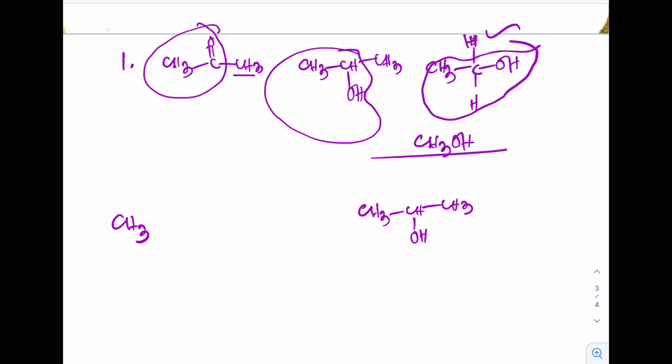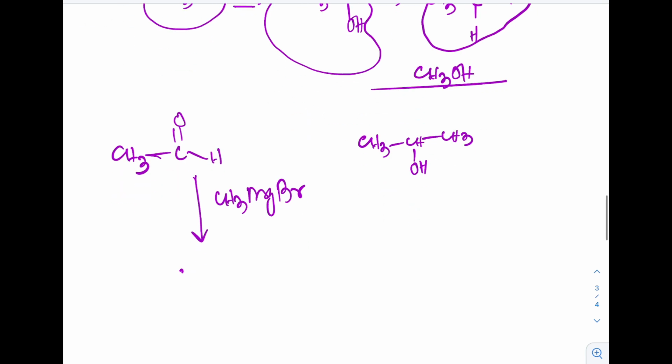So here we have to take one aldehyde for the preparation and one Grignard reagent. The corresponding aldehyde will be CH3CHO. When it reacts with CH3MgBr, it will produce CH3CH(CH3)OMgBr.